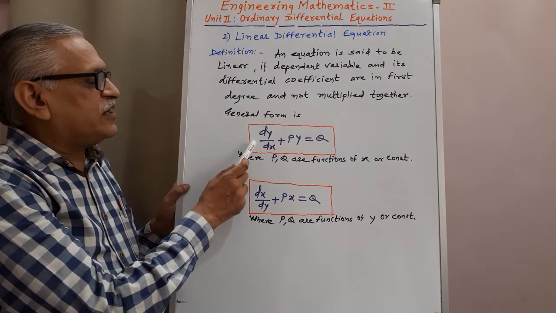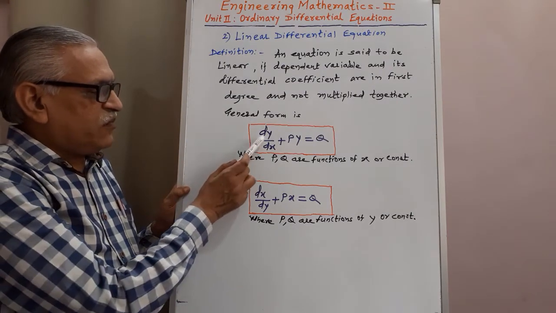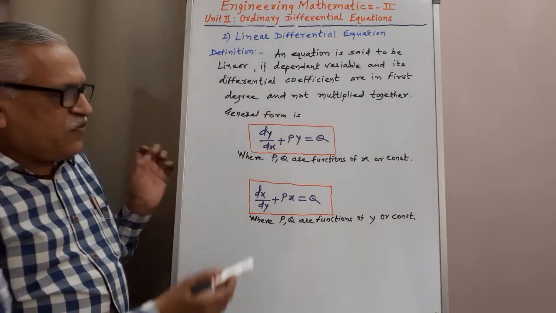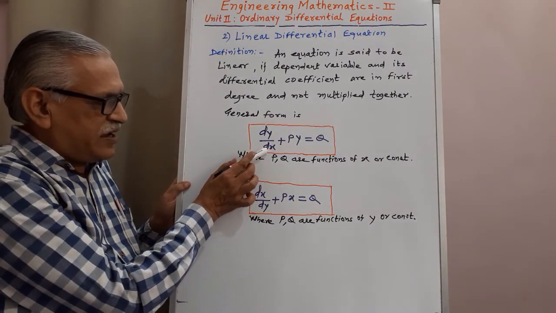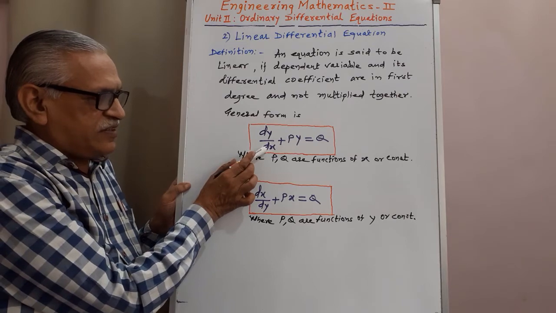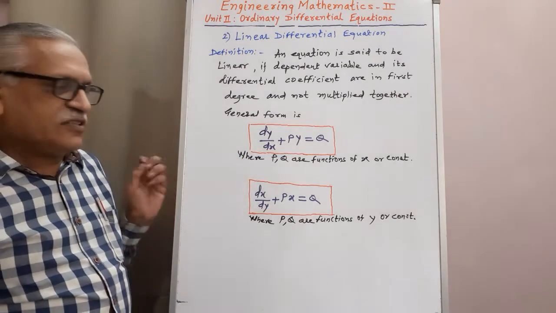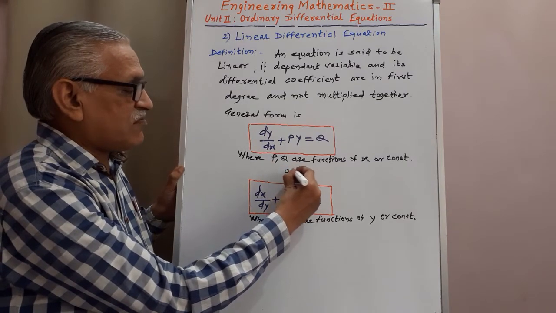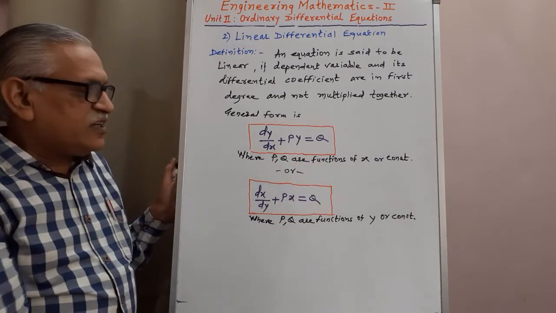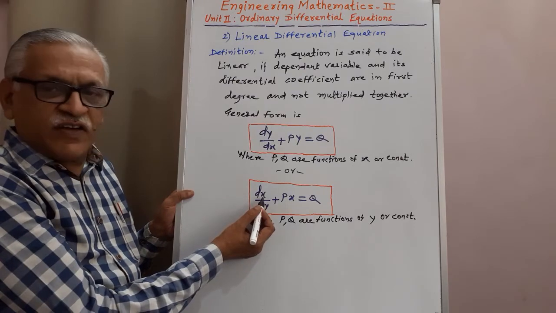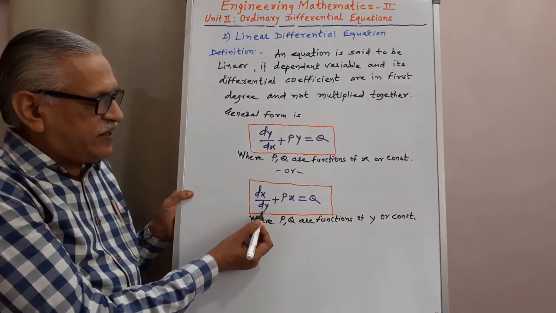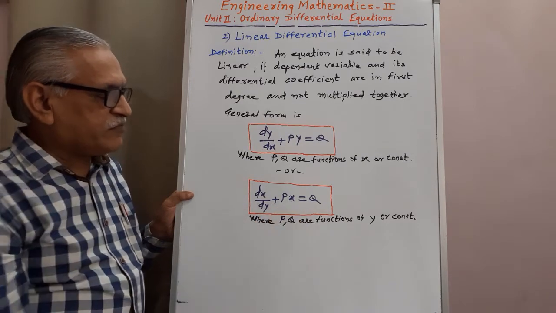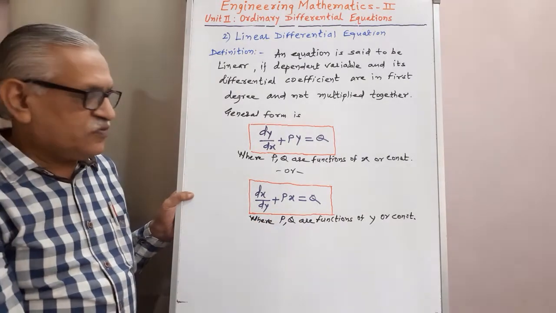Therefore, remember this general form, where capital P and capital Q are functions of x, the independent variable x, or constant. Or we have the second form, if x is the dependent variable and y is independent, then it is dx by dy plus p into x is equal to q.